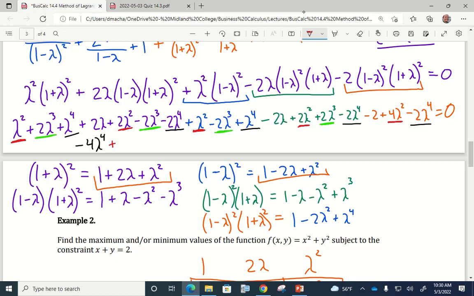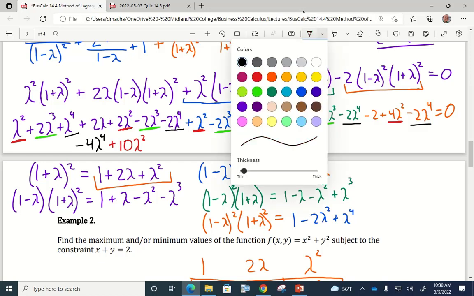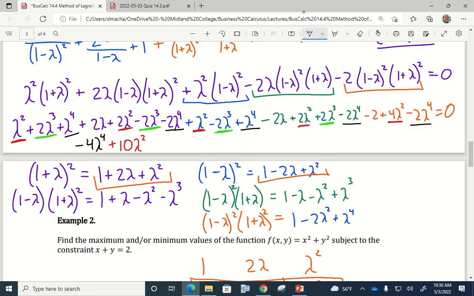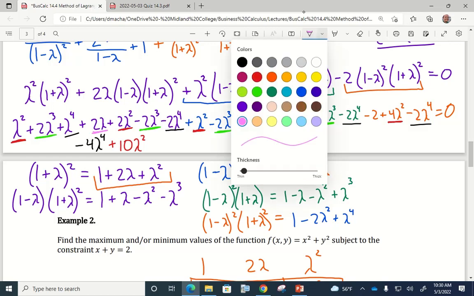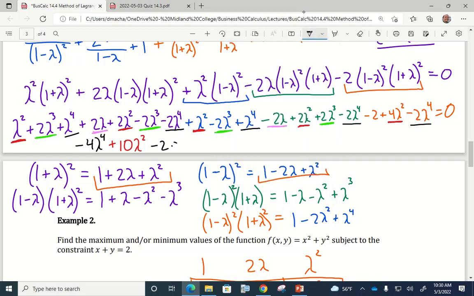I've got 10 lambda squared that I can see. And then what about just plain old lambdas by themselves? I'm running out of colors to use. I've got 2 lambda minus 2 lambda gives me 0. So I have no lambdas by themselves, and my only constant in this equation is a negative 2. Negative 2 equals 0. Cool. That's actually really simple.